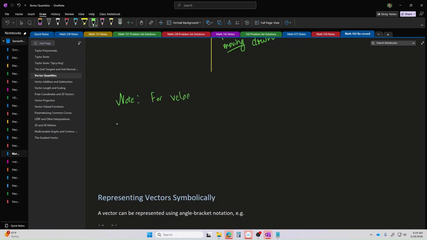For velocity vectors, a longer vector means faster movement. A shorter vector means slower movement.